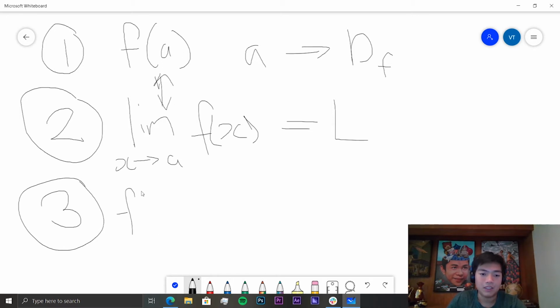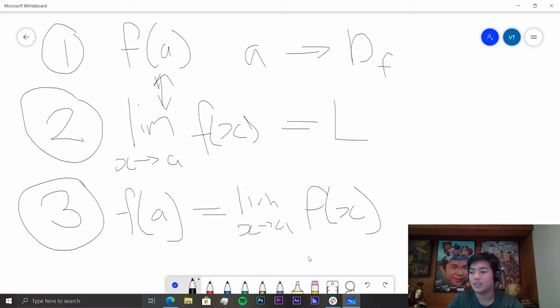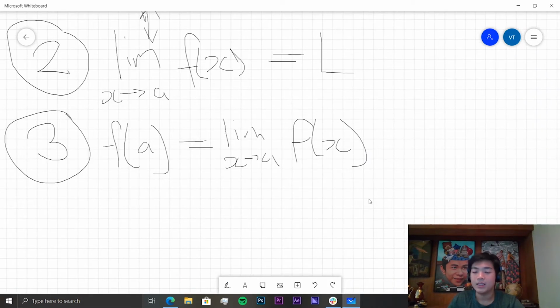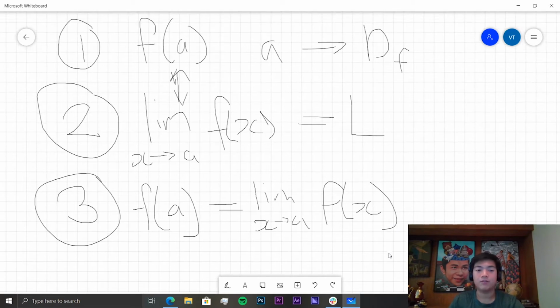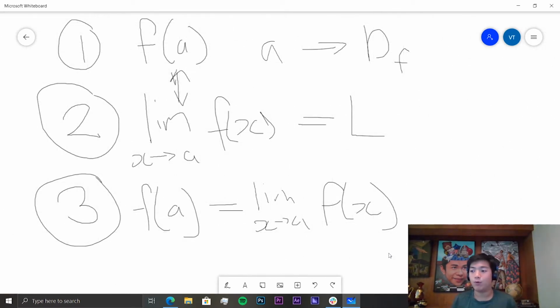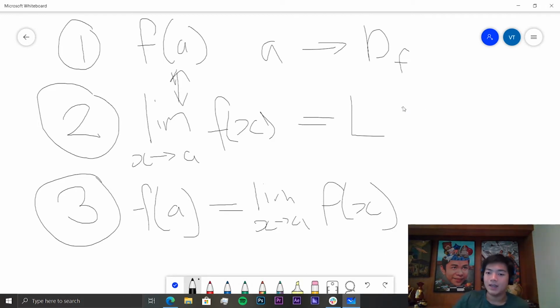So f of a must be equal to the limit as x approaches a of f of x. These are the three conditions it must satisfy to be a continuous function at this specific point a. If it satisfies all three, then we can say f of x is continuous at x equals a. If it doesn't satisfy one of these three, then we say it's discontinuous at that point.